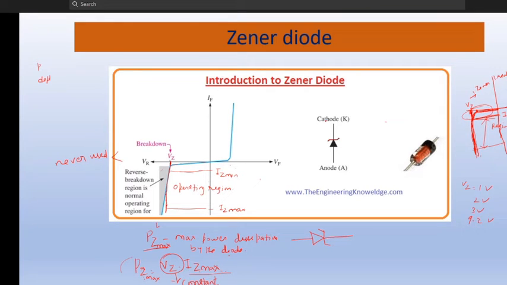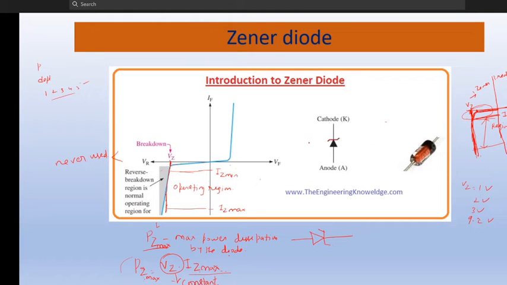I told you one more thing: in Zener breakdown, the breakdown occurs at very low voltage levels like 1 volt, 2 volt, 3 volt, 4 volt, 5 volt, because the breakdown voltage is based on the concentration of impurity added in the P type and N type. That determines at what voltage level the Zener will break down. You can see the characteristic curve of this.